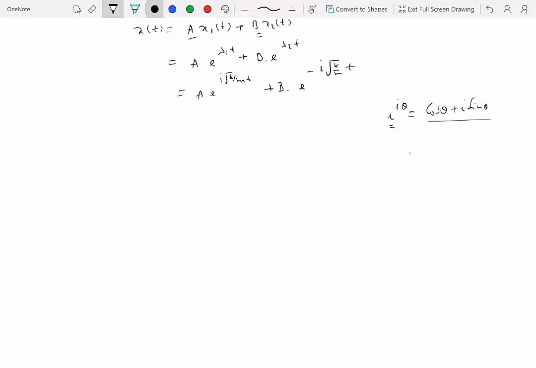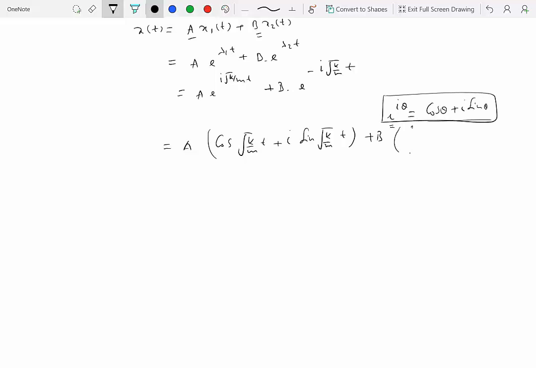Which means that e to the power i square root of k over m t can be written as cosine of square root of k over m t plus i sine of square root of k over m t, plus b times cosine of square root of k over m t minus i sine of square root of k over m t.